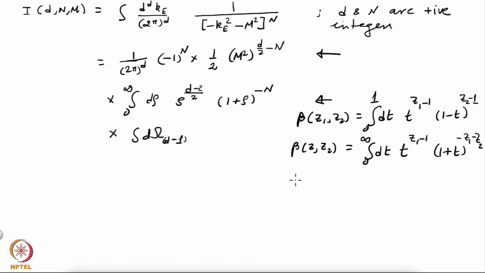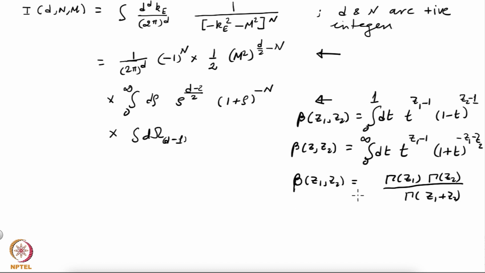Let me give you a few more results which we will use. Beta of z1, z2 is gamma z1, gamma z2 divided by gamma of z1 plus z2, where gamma is the gamma function.